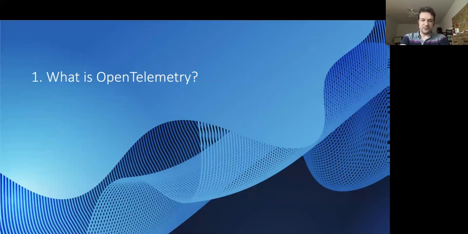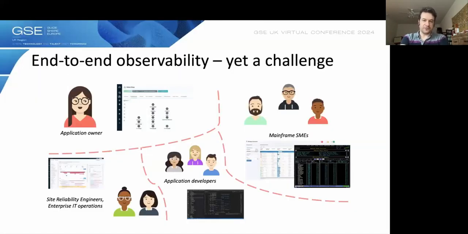I know it's been a topic that a lot of people have learned about in the last 12, 18 months, but for those of you who are not completely familiar with it, let's give you a big overview of why it's important. And one of the main reasons, because we're looking at this from a mainframe point of view, is that we know that the mainframe is part of a bigger ecosystem.